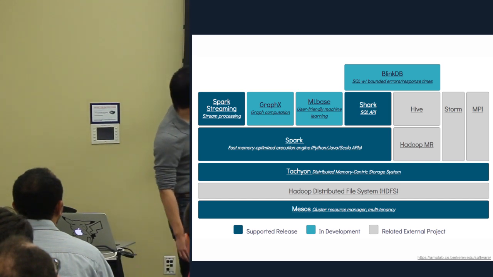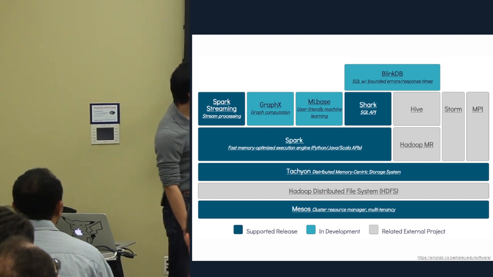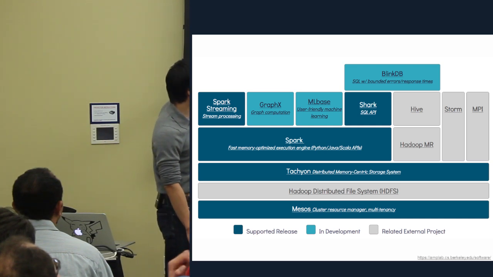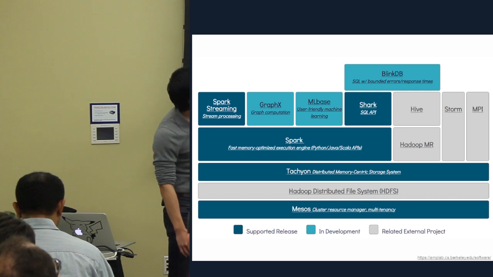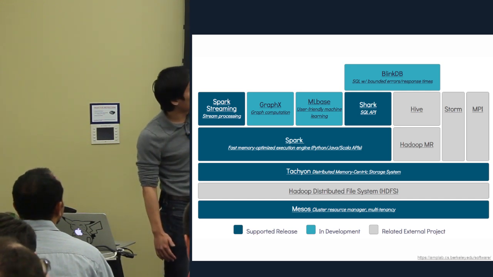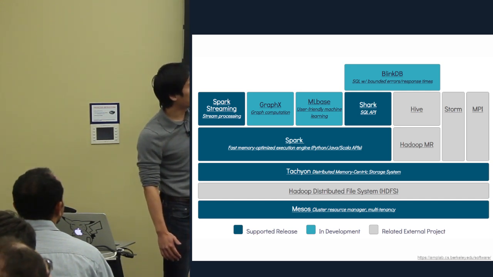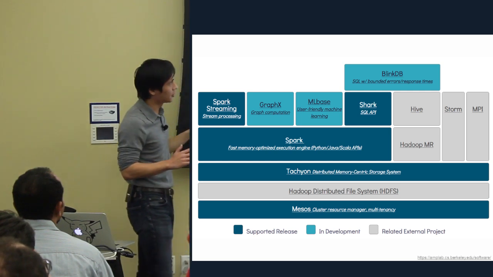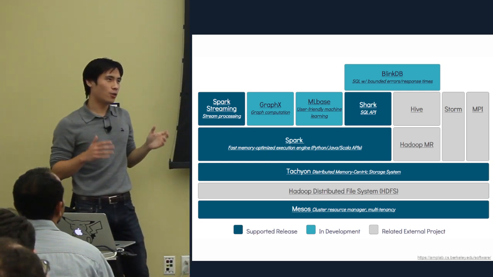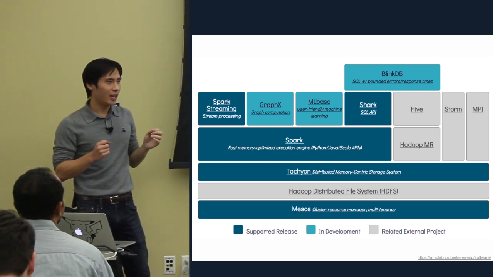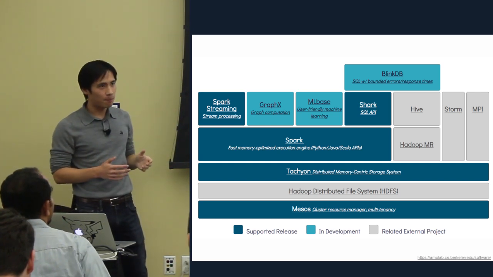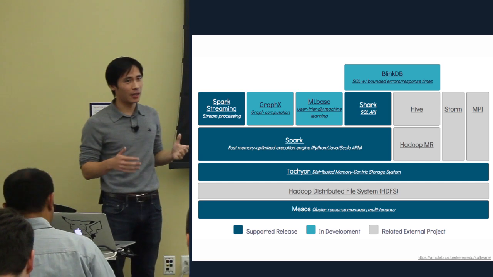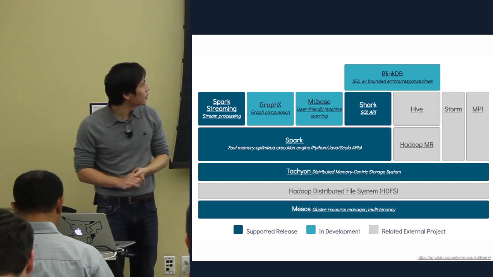But you can also see that Spark works on top of the existing Hadoop infrastructure, such as HDFS. YARN can also go here. And then you have as a complement Hadoop, MapReduce, Hive, Storm, and all of the Hadoop ecosystem. So when we talk about Spark, it's not really either Spark or Hadoop. They can work in the same system, and it's really about picking the best system for the job.